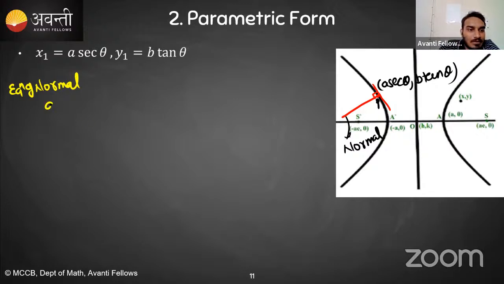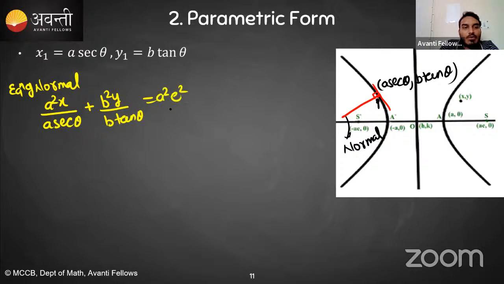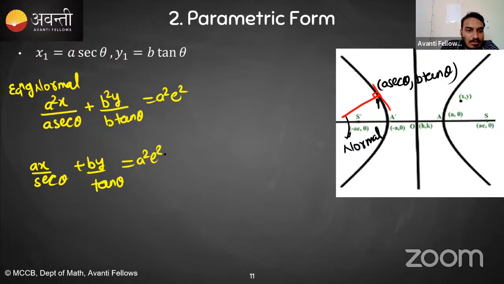So it means a square x upon x1, x1 this time is a sec theta, plus b square y upon y1, y1 is b tan theta, is equal to a square e square. So what does this come to? ax upon sec theta plus by upon tan theta is equal to a square e square.